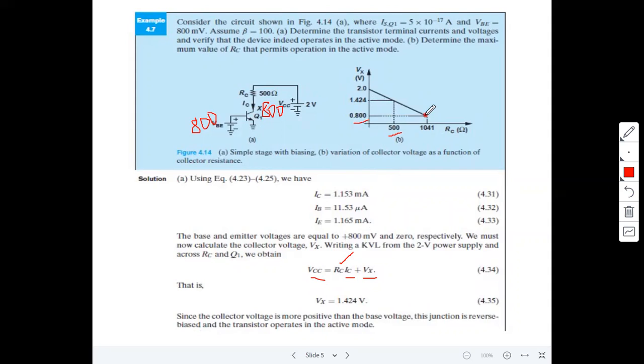Remember this one. This is the maximum collector resistance to keep the collector base junction in reverse bias so that the transistor operates in the active region only. When the transistor operates in the active region, the application may be an amplifier. It will act as an amplifier.